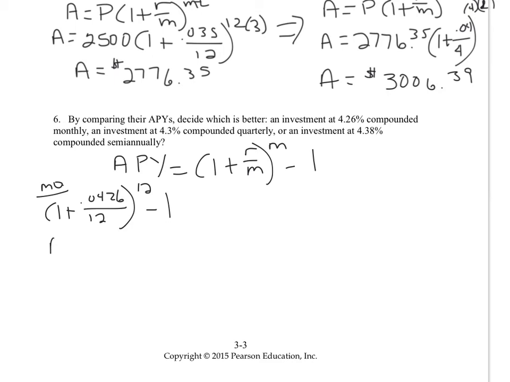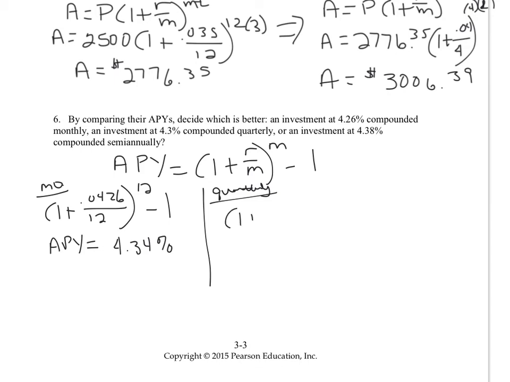When you subtract 1, you end up with an annual percentage yield. Your effective rate is going to be 4.34% when you put it back into percent form.